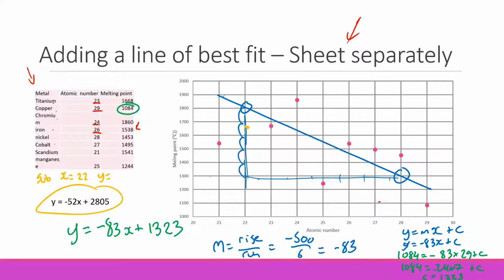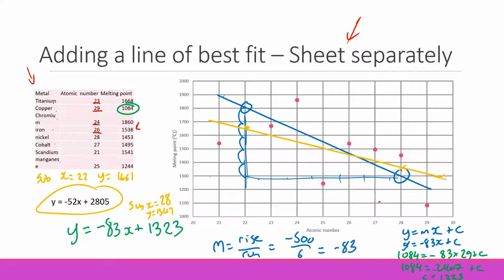Then I'm going to substitute x equals 28. What do I get when I substitute x equals 28? I get 1349. So they reckon that the actual line of best fit looks more like this. I can see that. That makes a little bit more sense.